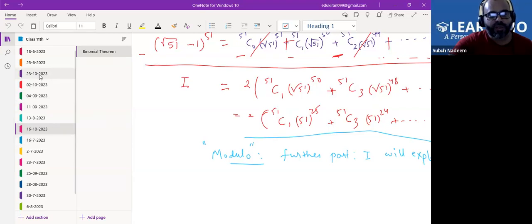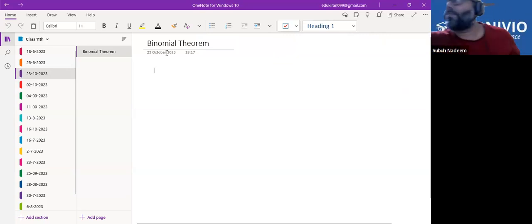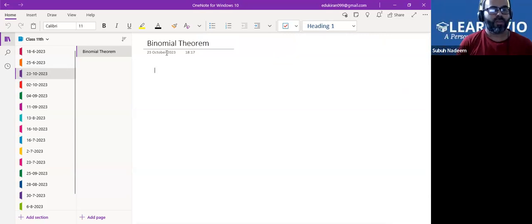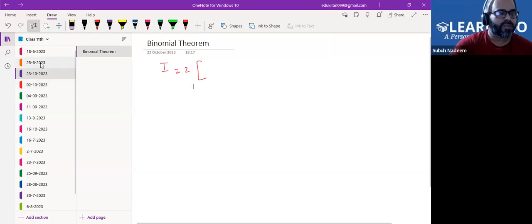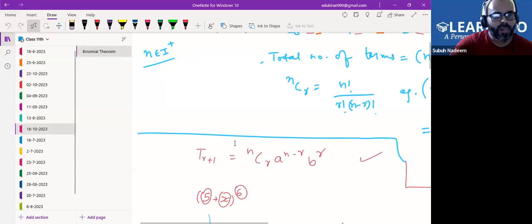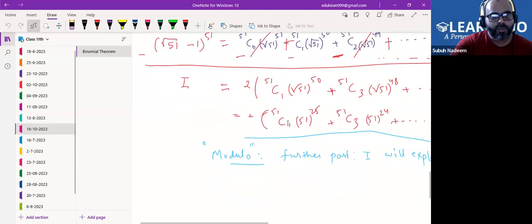So it is I equal to 2 times 51C51 times 51 to the power 25.